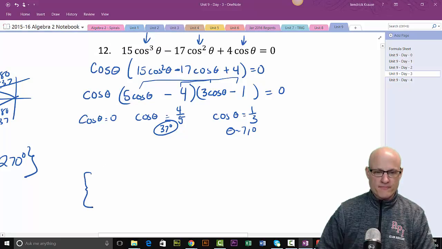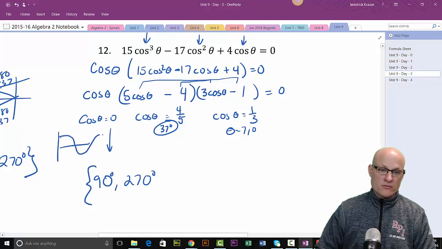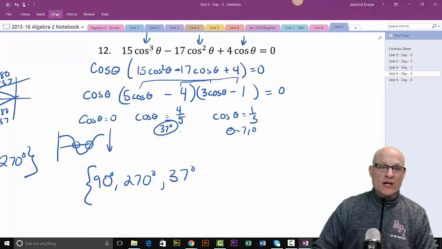All right, we've done 0 enough to know that from this one we're going to get 0, 90 degrees, and 270. Now, if that's a struggle for you, draw your picture. Right, 90 and 270. 4/5, it's positive, so we're going to keep the 37 degrees. But remember, cosine is positive in the first and fourth quadrant.